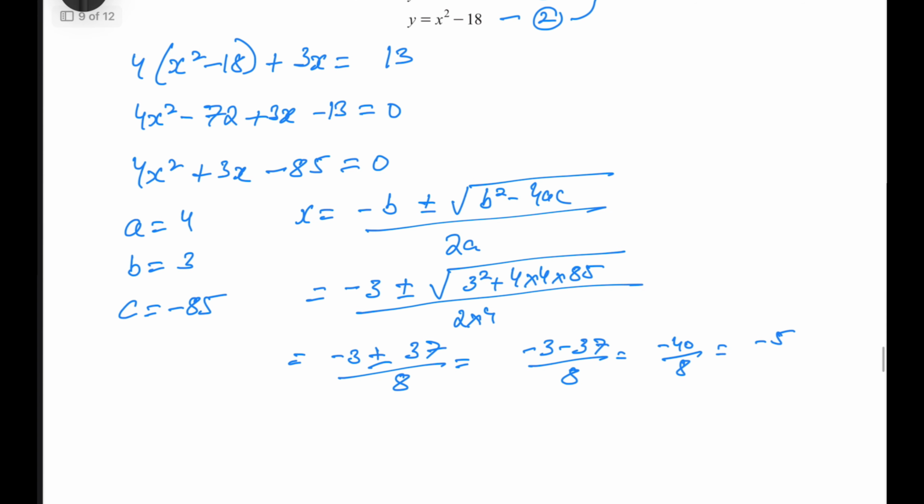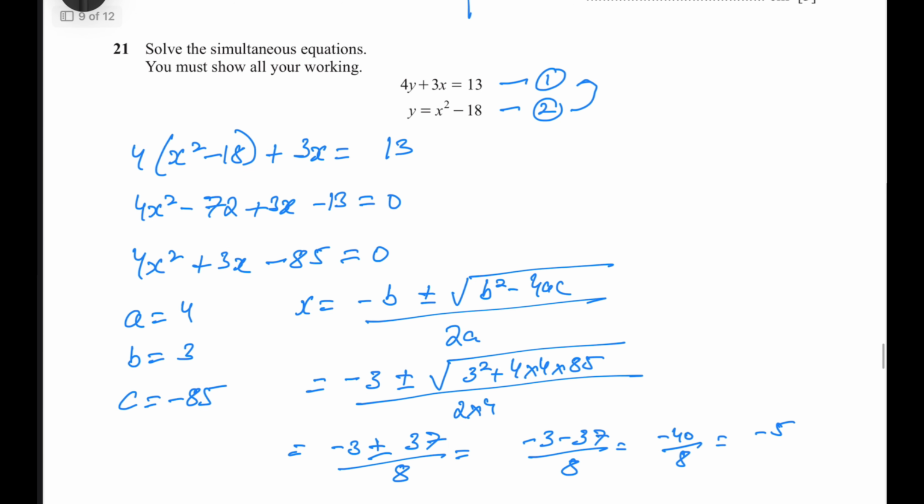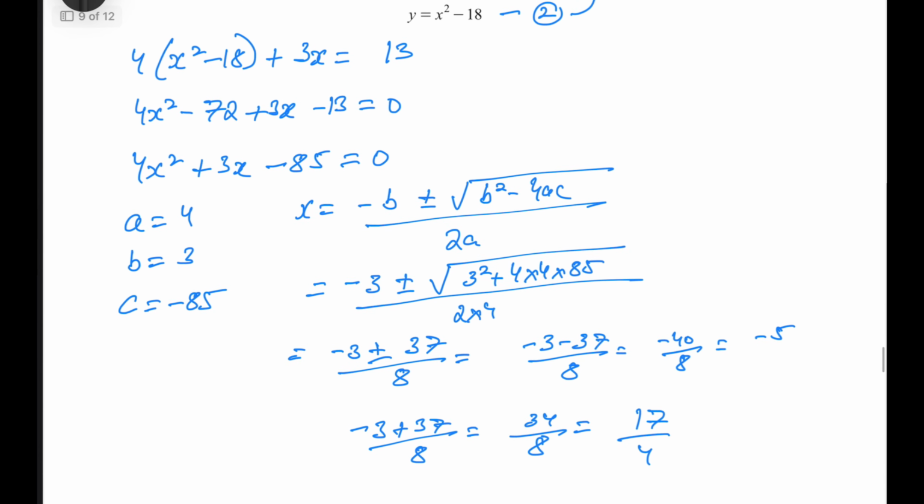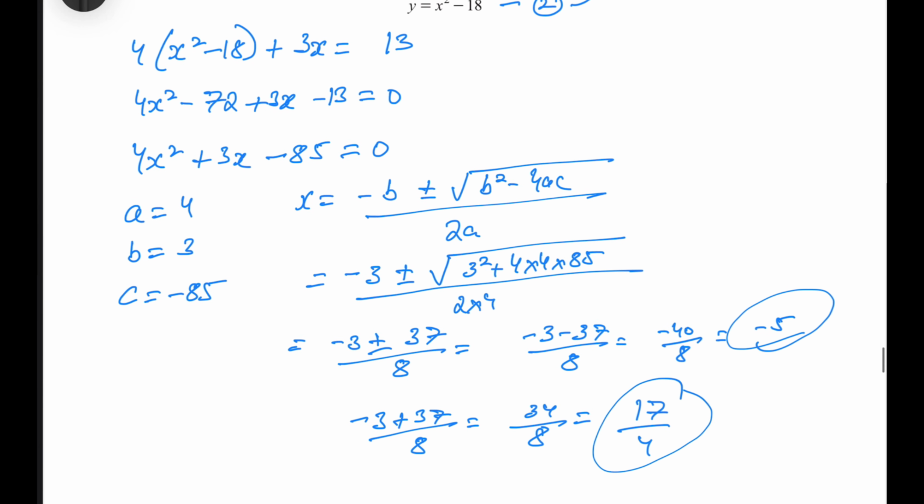The other one will be minus 3 plus 37 by 8, so this is 34 by 8, which you can cancel by 2, so 17 by 4. So the two values of x are minus 5 and 17 by 4.